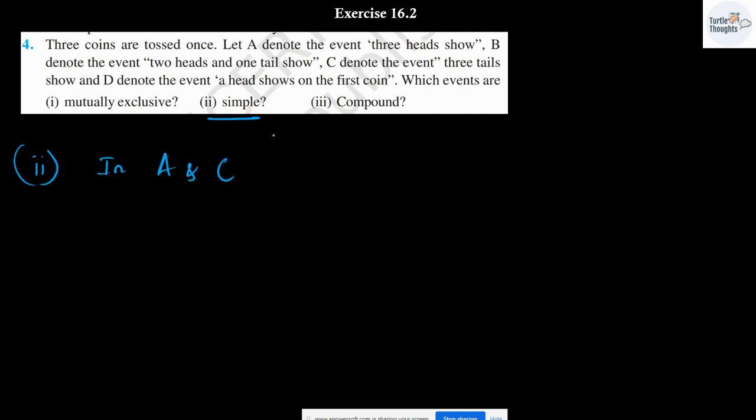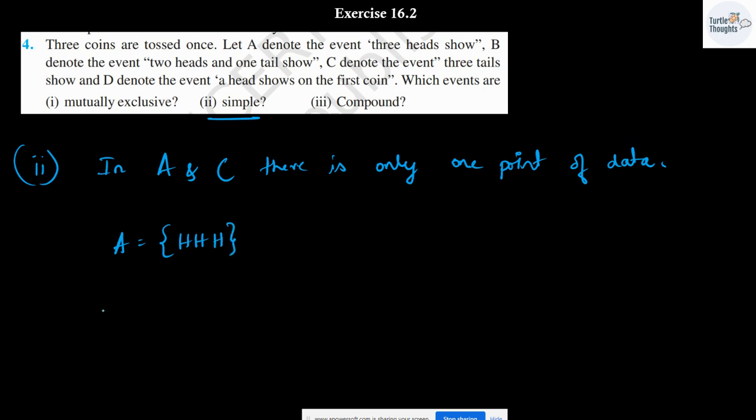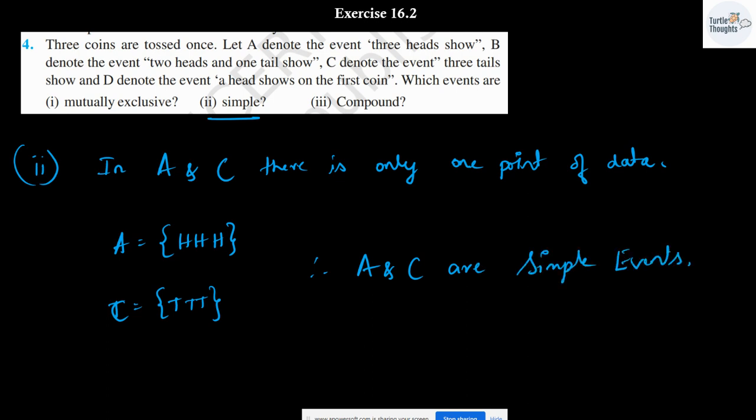In A and C, there is only one point of data. A is HHH, sorry, C is TTT. Therefore, A and C are simple events.